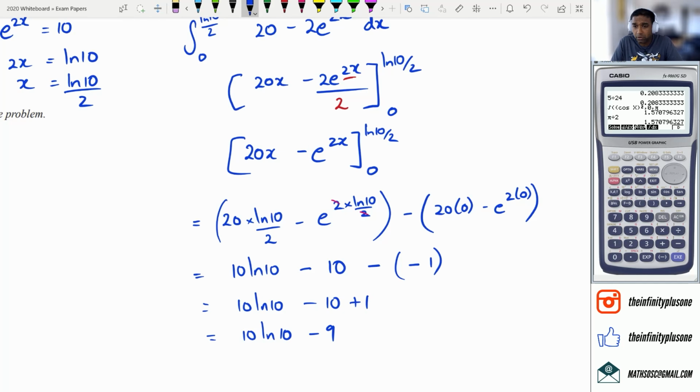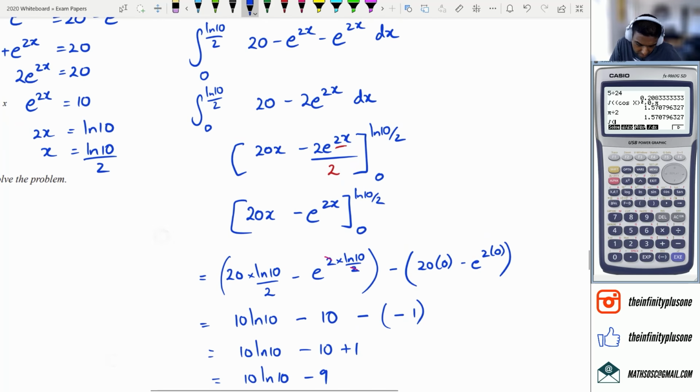How do we know we did it right or wrong? Well, let's check it here. We're going to go integral. Where's my calculator? Wrong one. What was that ugly looking equation we had? 20 minus 2e^2x. That's the one. 20 minus 2 shift e to the power of 2x, and we wanted it between 0 and ln of 10 over 2.